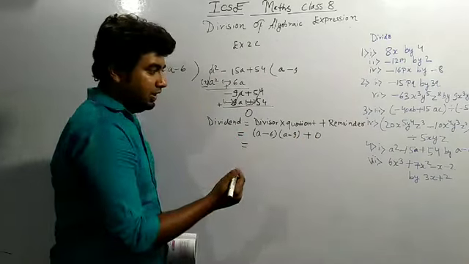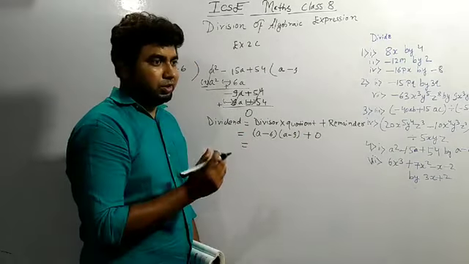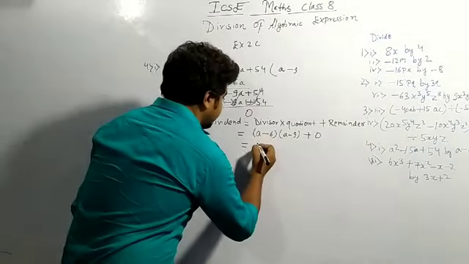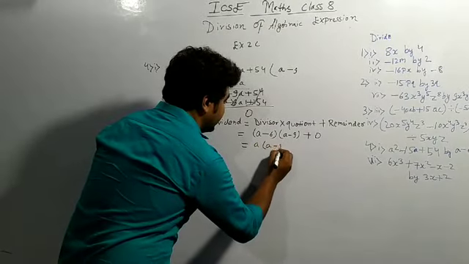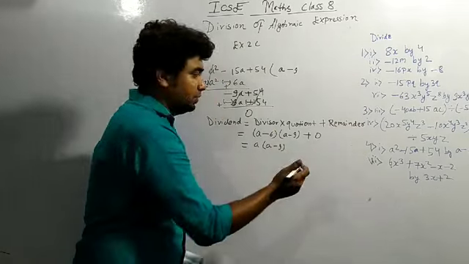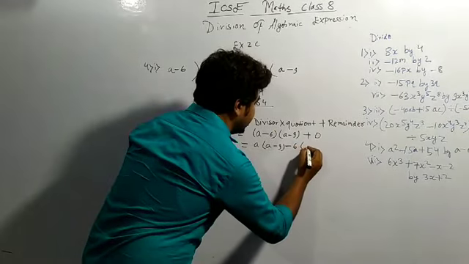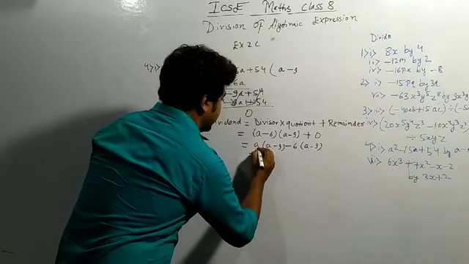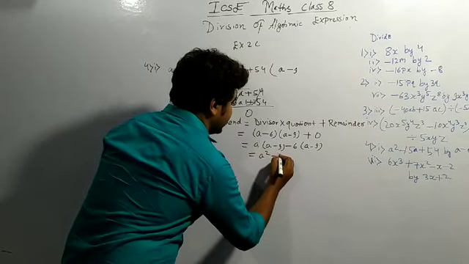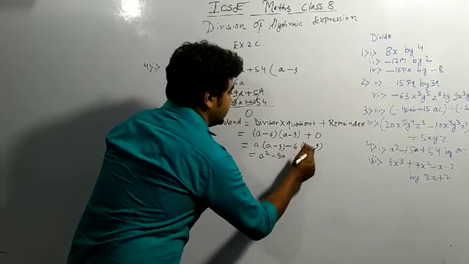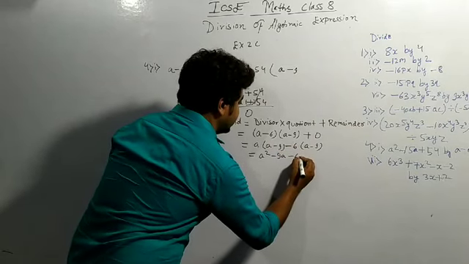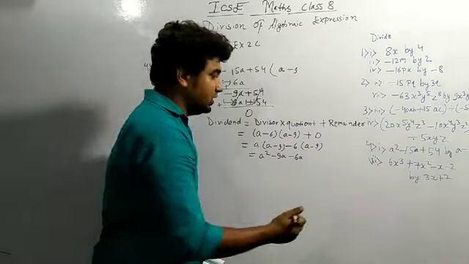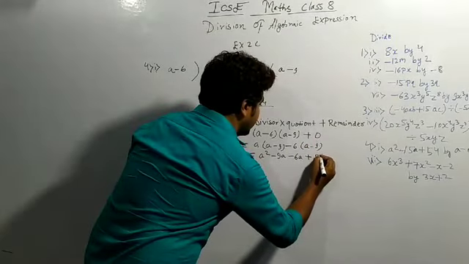So we know the product, the multiplication of these two polynomials. a will be multiplied with a minus 9, and minus 6 will be multiplied to a minus 9 again. So we will get a square, a into minus 9 is minus 9a, minus 6 into a is minus 6a, and minus 6 into minus 9 is plus 54.